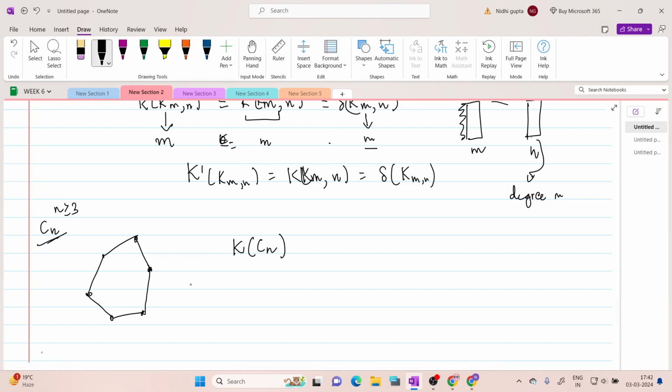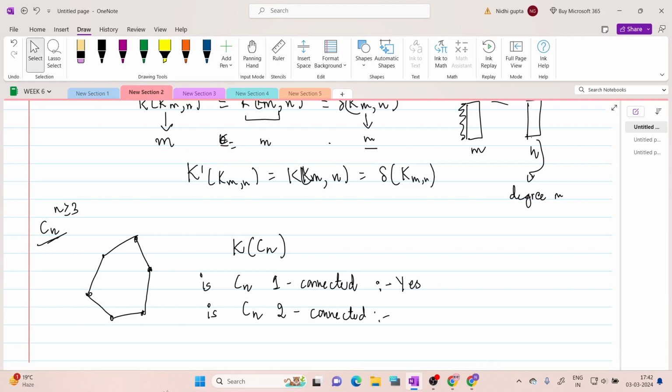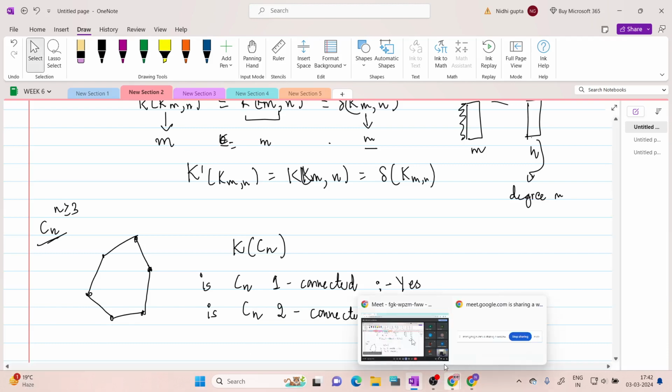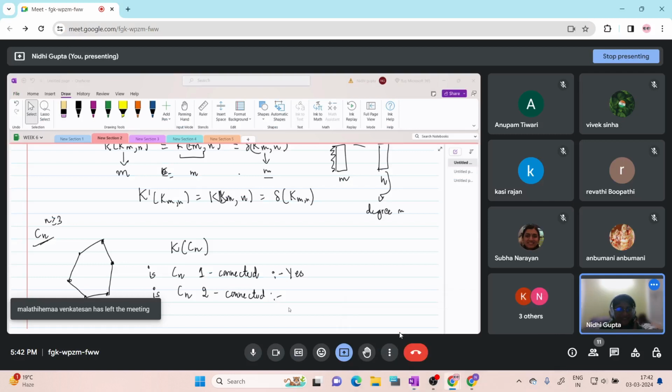First of all, is Cn 1 connected? Yes, because it is a connected graph. Is Cn 2 connected? If you are saying no, then you have to give me a vertex cut of size 1.